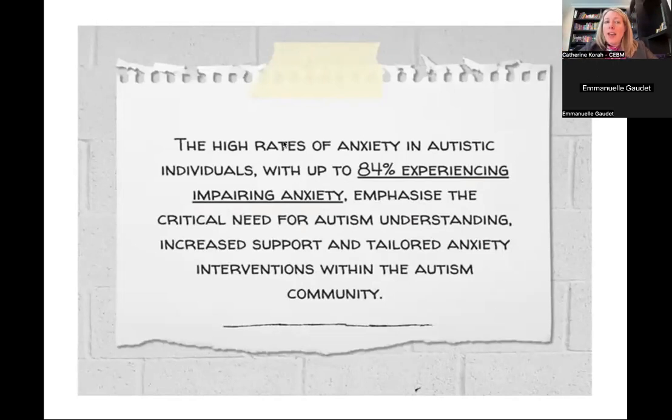We know that this population is much more at risk for mental health and anxiety experiences, partly because of the way that their brain takes in the world, but also because if the adults don't fully understand the neurodiversity and don't put in place the correct supports for them to be successful, then this adds a whole other layer to the stress in the body.